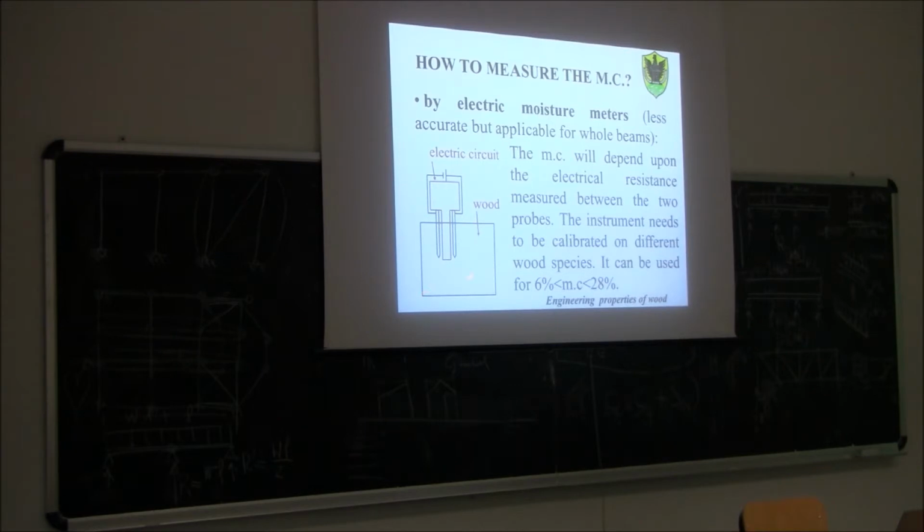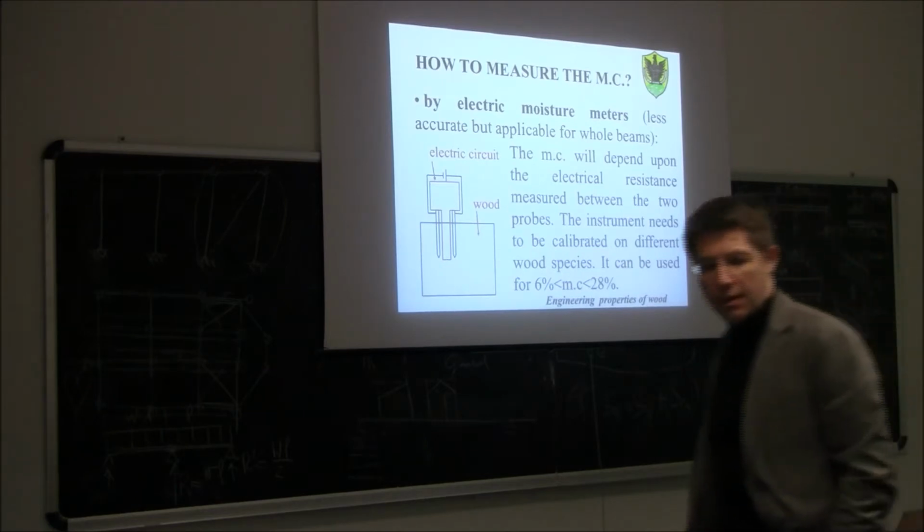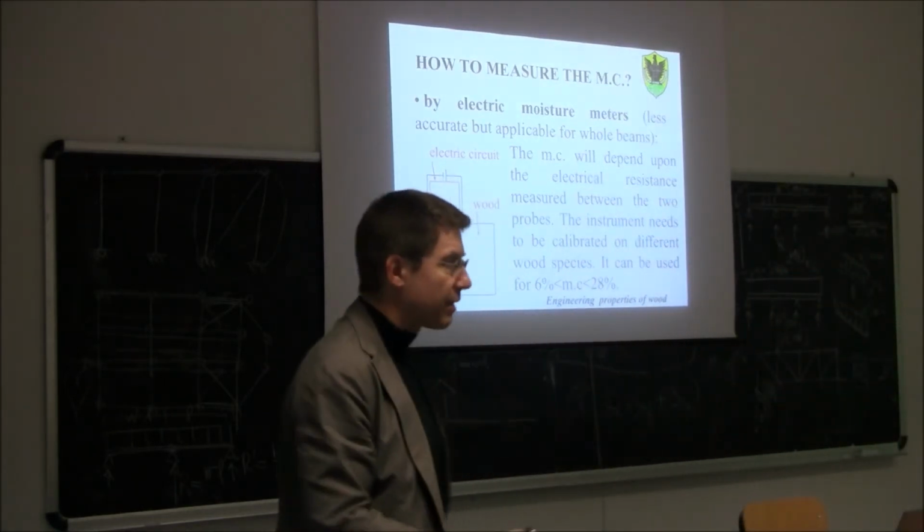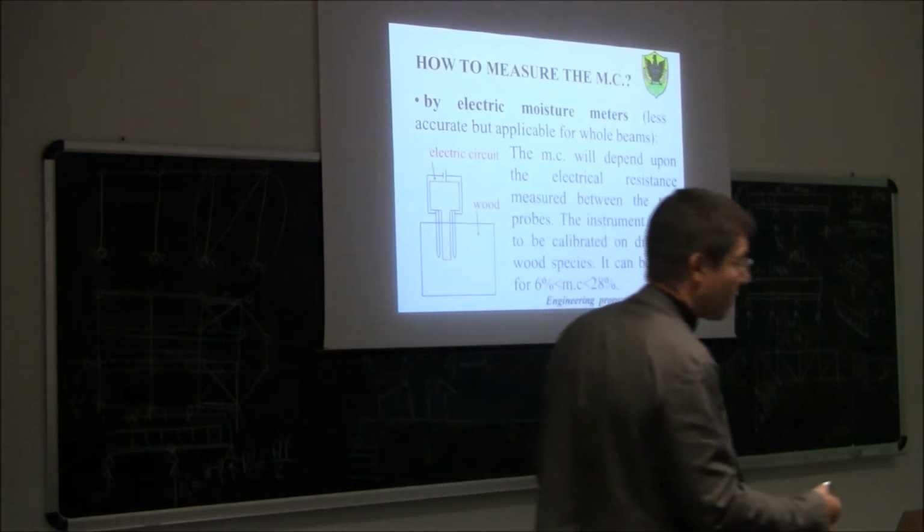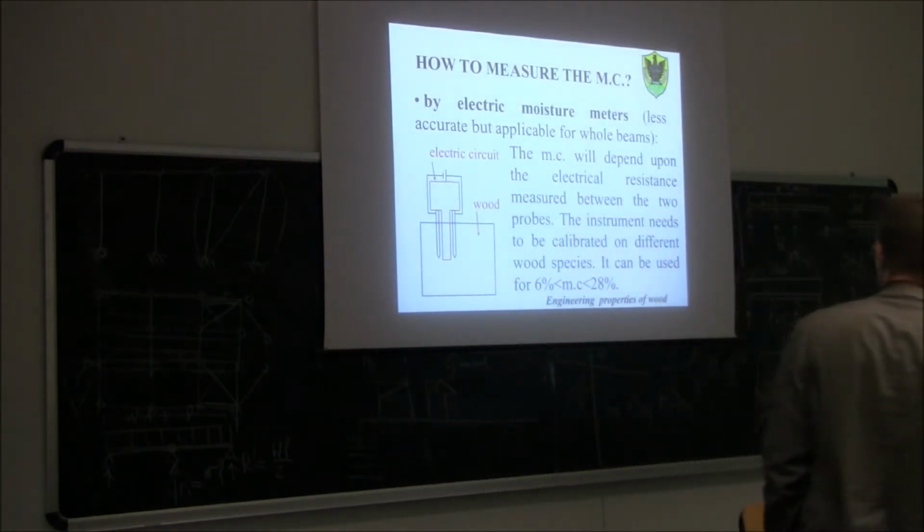And basically the moisture content depends on the electric resistance between these two probes. So in the end, this instrument is going to measure the electric resistance between the two probes. From the electric resistance, we can then calculate the value of the moisture content.